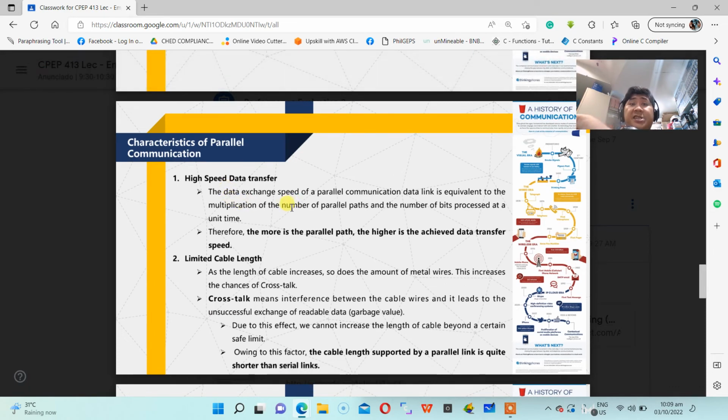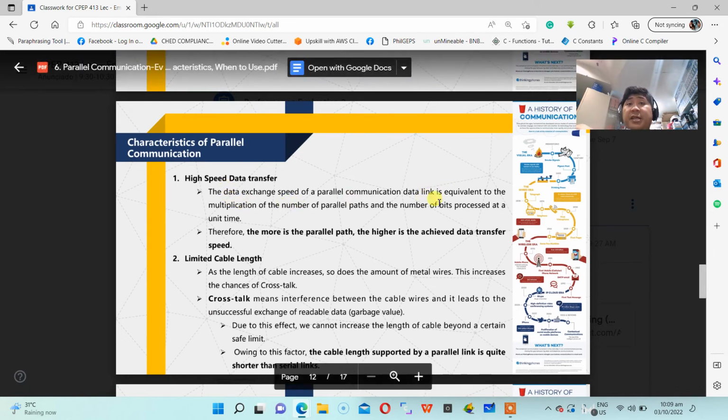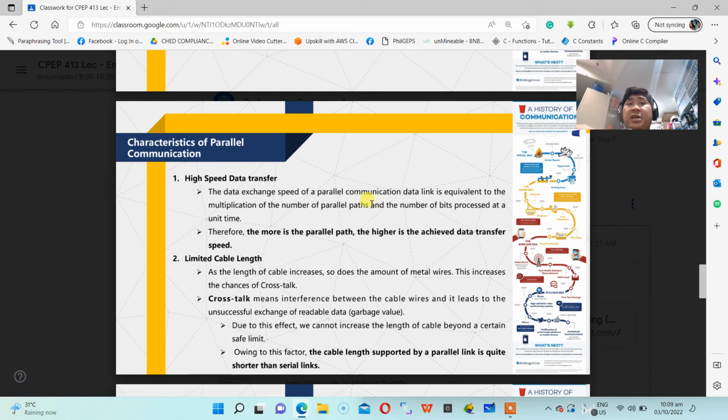The data exchange speed of a parallel communication data link is equivalent to the multiplication of the number of parallel paths and the number of bits per unit of time.